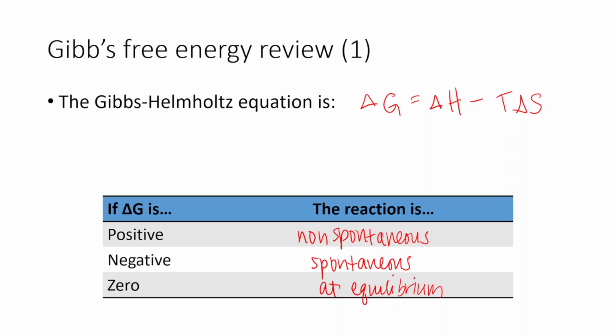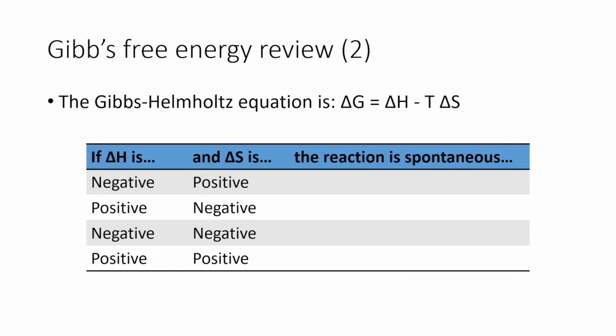Now we can talk a little more about that Gibbs-Helmholtz equation. If delta H is negative and delta S is positive, what does that tell you about the reaction? Is it always spontaneous? Is it never spontaneous?